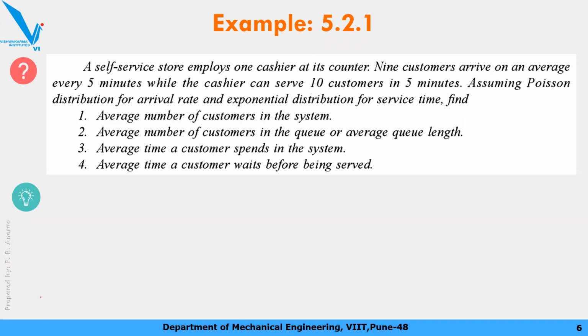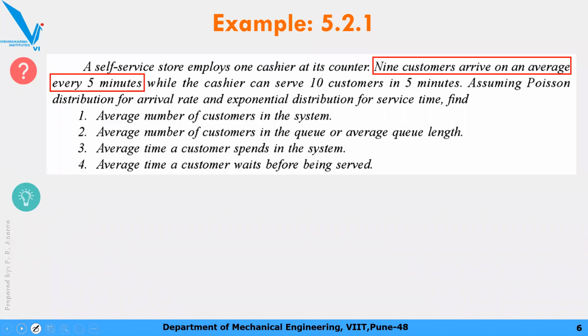Let's solve this numerical. As soon as you get a numerical for queuing theory, the first thing is to get the values of lambda and mu, the arrival rate and service rate. You have to find these. If we read the second line, 9 customers arrive on an average every 5 minutes. This is the arrival rate.